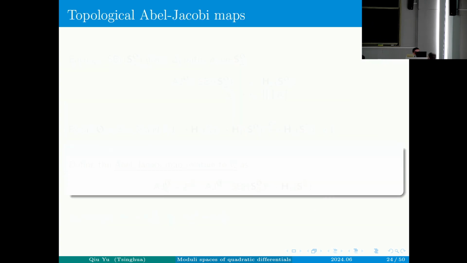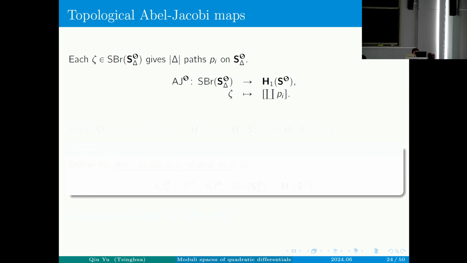So let's dig in to see what this Abel-Jacobi map really is. Topologically, this is very easy. When you take an element of the surface braid group, you are moving around the decorations on the surface. There are many simple zeros or decorations, and you just move them around. As a set, they need to come back to themselves.